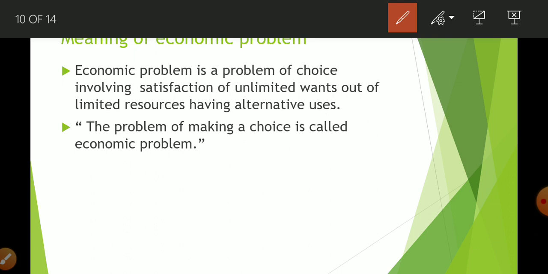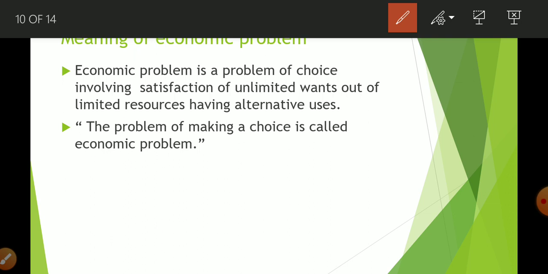Why? Because session time is limited, you are getting 1 year. In 1 year it is not possible to read all the subjects: business studies, economics, accountancy, biology, chemistry, physics, math. You are not able to study all these subjects. That is why you have to make a selection of one stream.